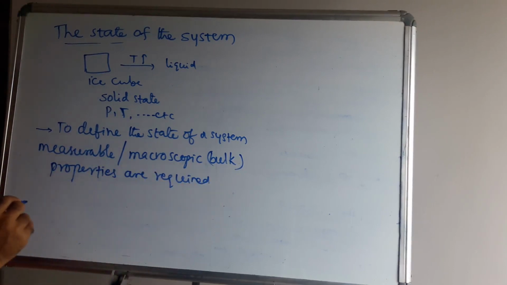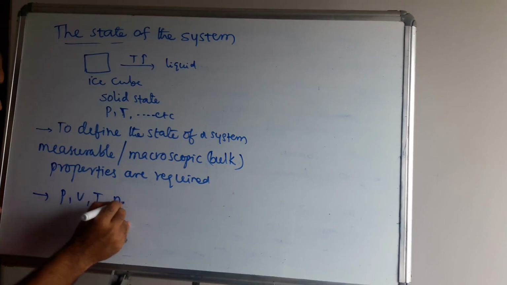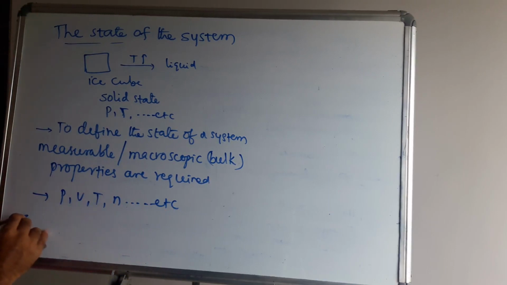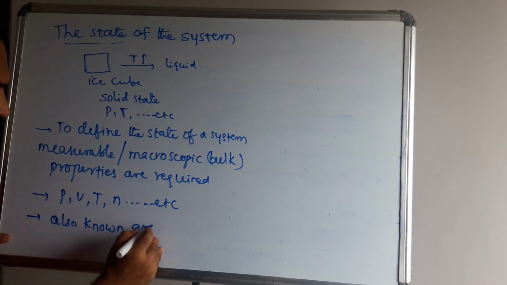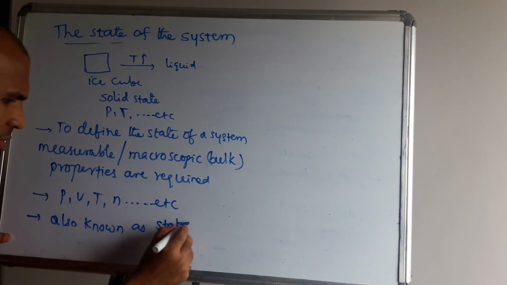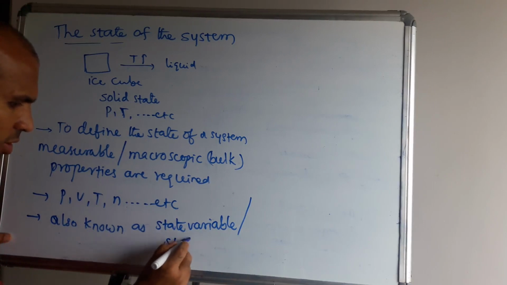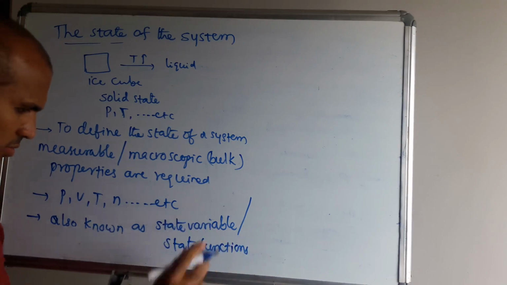What are the macroscopic properties or bulk properties or measurable properties? Pressure, volume, temperature, number of moles, etc. These are macroscopic or measurable properties. These are also known as state variables or state functions.